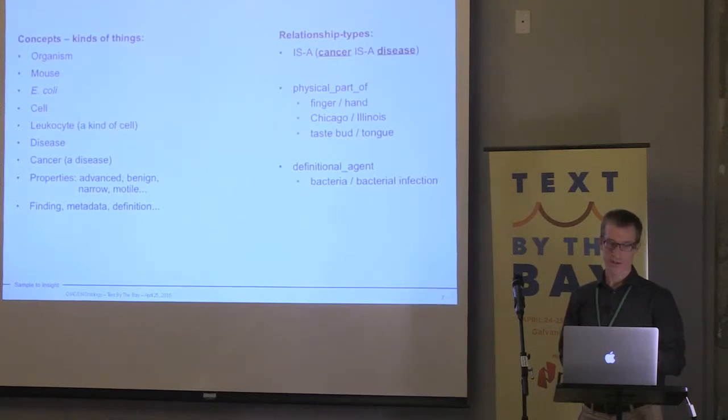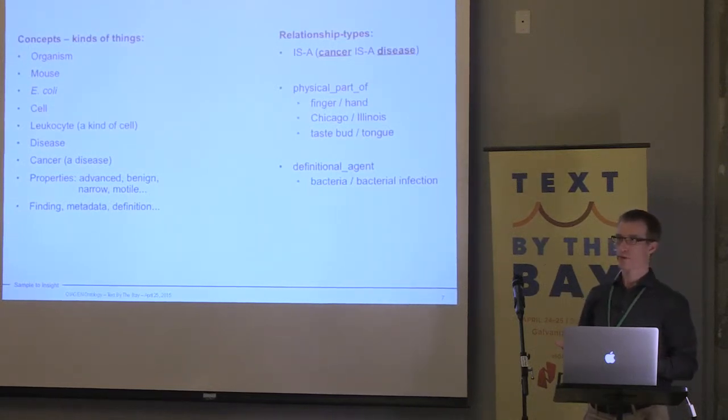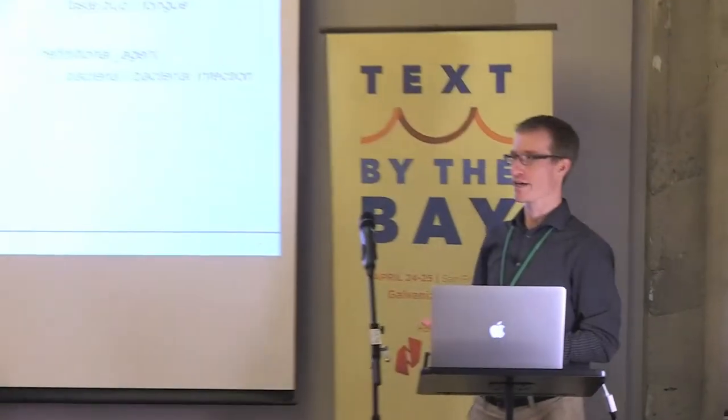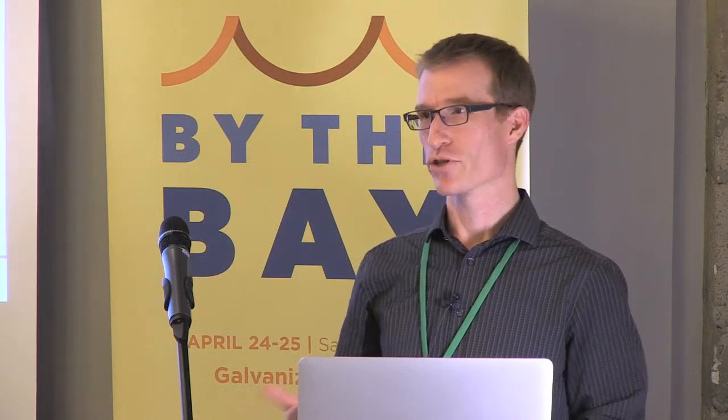So for bacterial infection, we want to know that by definition, bacterial infection is caused by bacteria. And there are a variety of other kinds of definitional relationships that we can infer, to make explicit the fact that some concepts can be described in terms of other concepts that we know about.